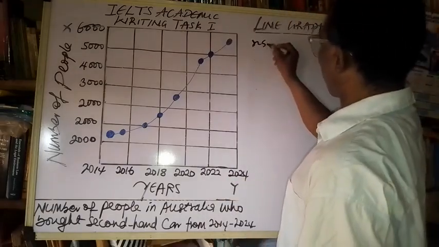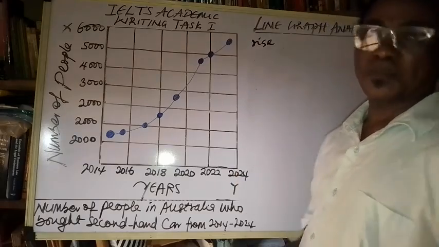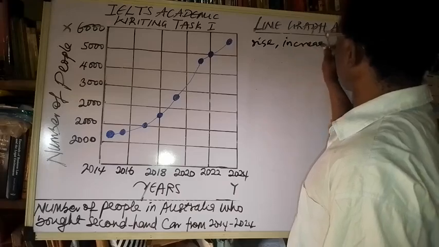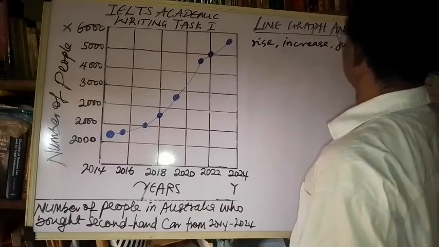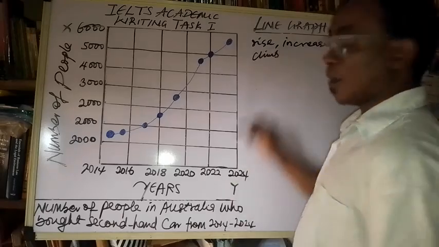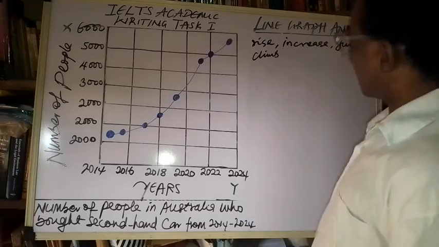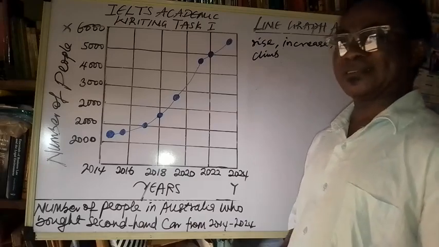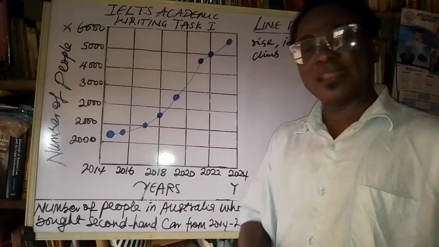For instance, if there is a rise, of course, say there is a rise, for instance, a rise in quantity, or there is an increase. There is a jump in quantity, or there is a climb. Now, what if the rise or the increase is large? A large increase.